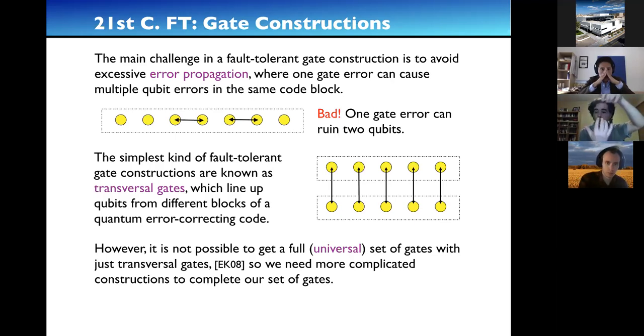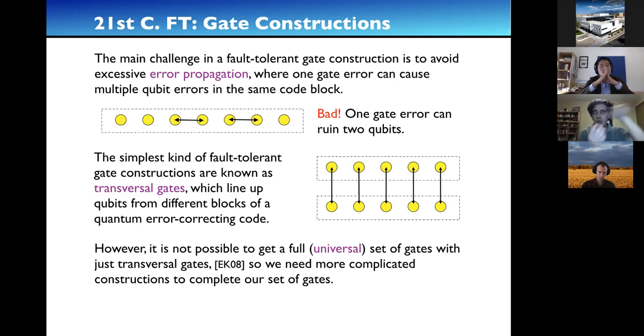And we only do gates that interact the first qubit of the first block of the code with the first qubit of the second block, the second qubit of the first block with the second qubit of the second block, third qubit with the third qubit, fourth qubit with the fourth qubit, and so on. And what that means is, it's still true that errors can propagate between these qubits, say from this qubit into this qubit. And so instead of 1 error, we'll have 2 errors.